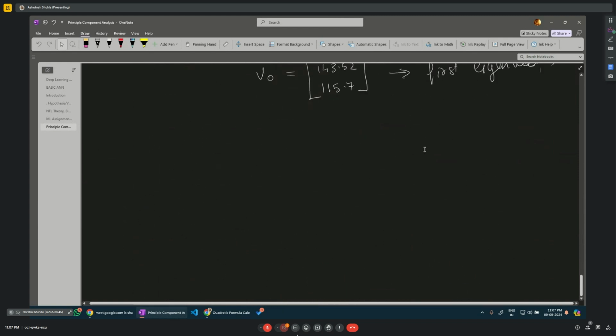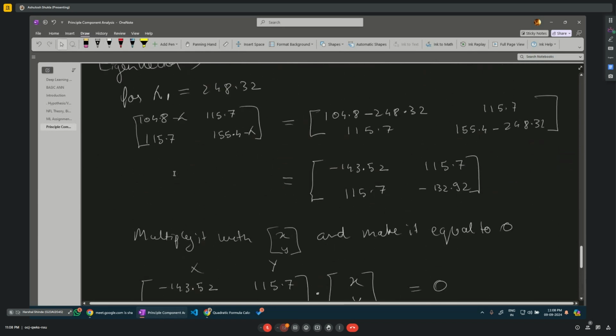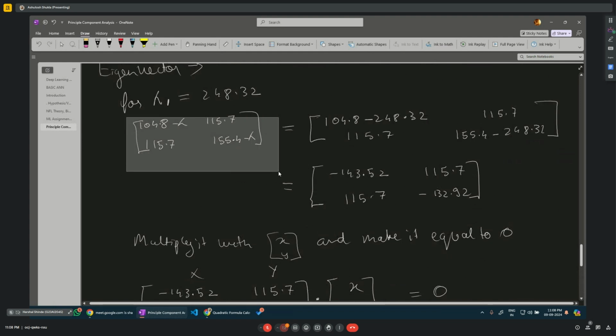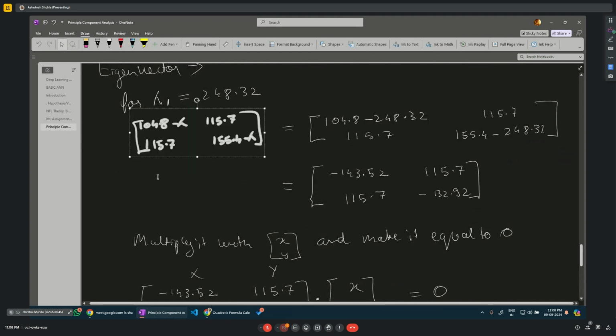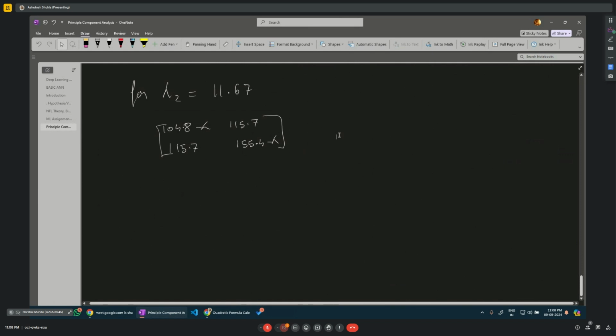So we write for lambda 2 equals 11.67. We do the same mathematics over here. We copy this matrix, paste, there we go.